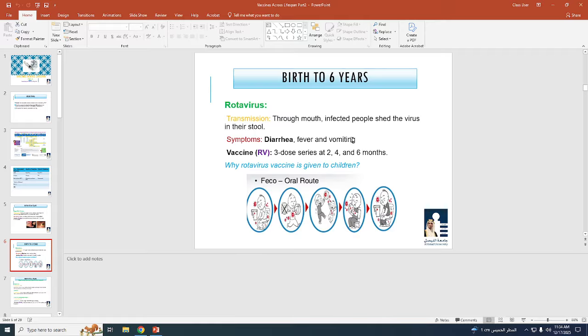And why are we so concerned about rotavirus? Because it causes dehydration and electrolyte imbalance.